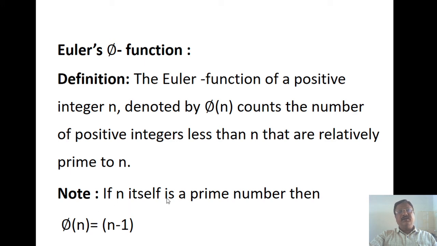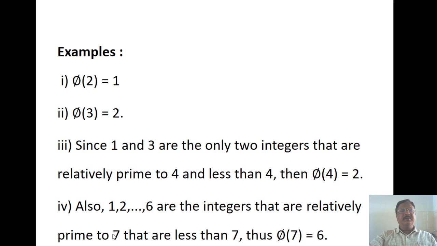Note, if n itself is a prime number, then phi of n is equal to n minus 1. Example, phi of 2 is equal to 1 because 2 minus 1 is 1. Phi of 3 is 2 because 3 is a prime and 3 minus 1 is 2.